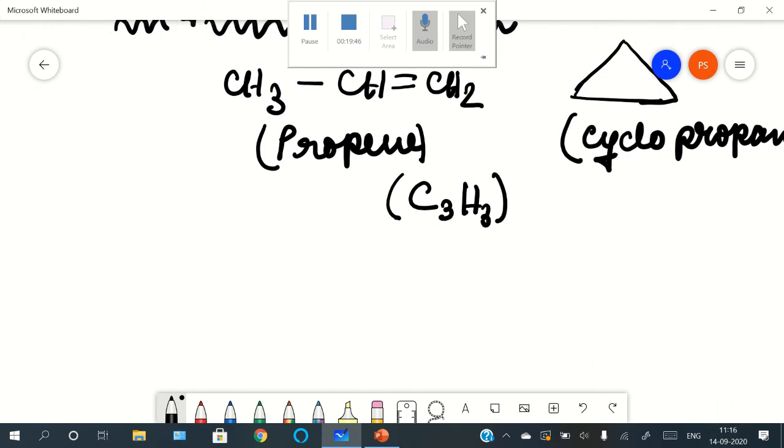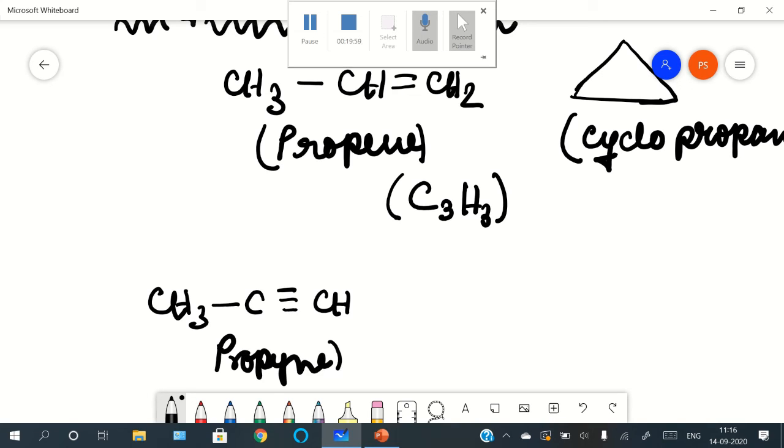The second example of this we are going to study is this one, CH3C≡CH. This is nothing but propyne, and this is cyclopropene.